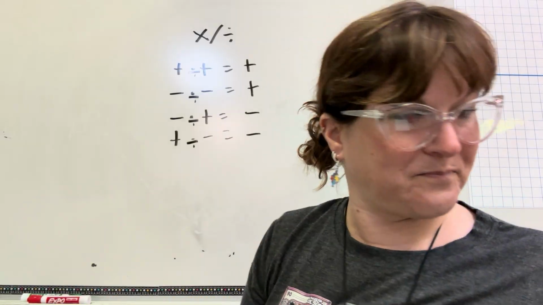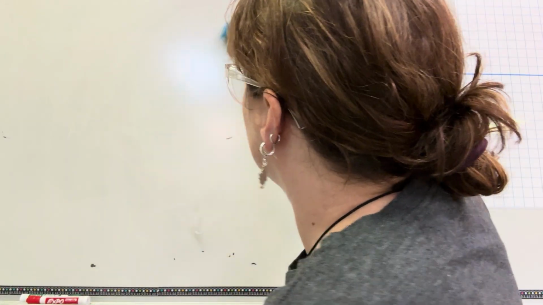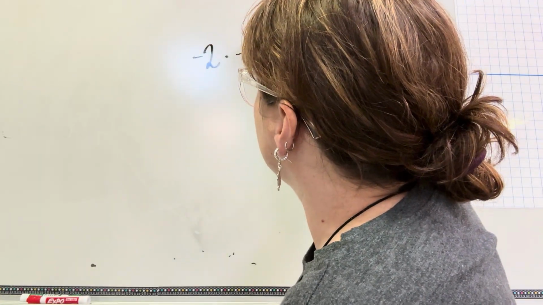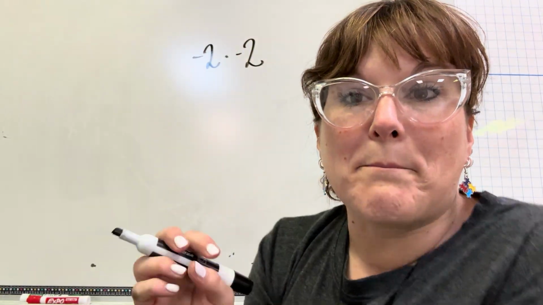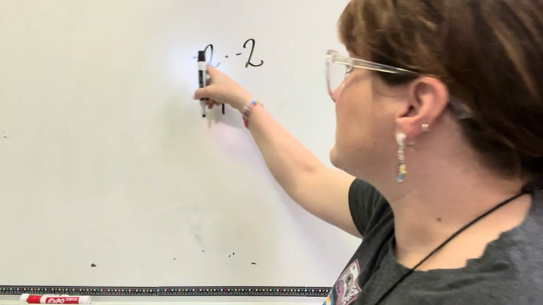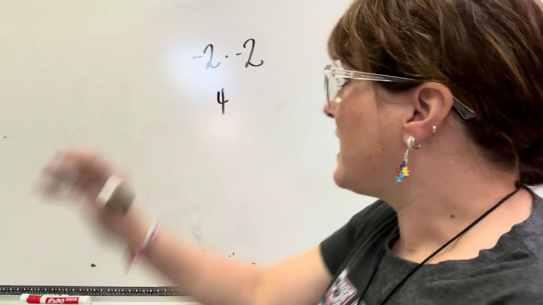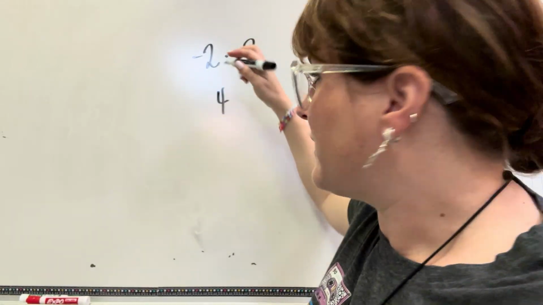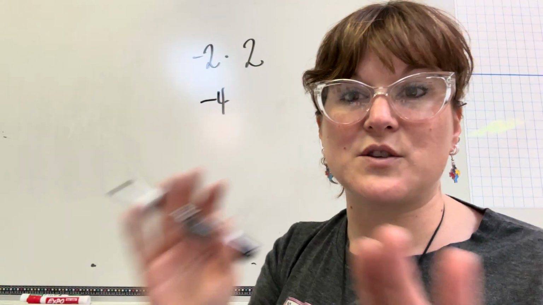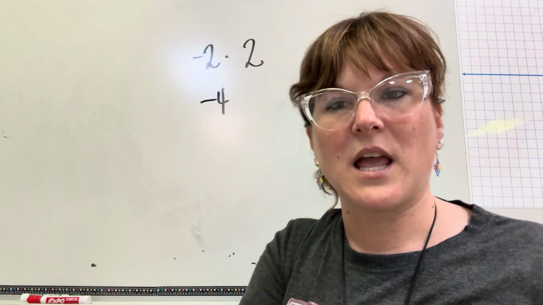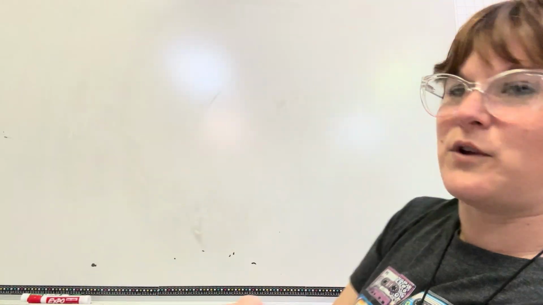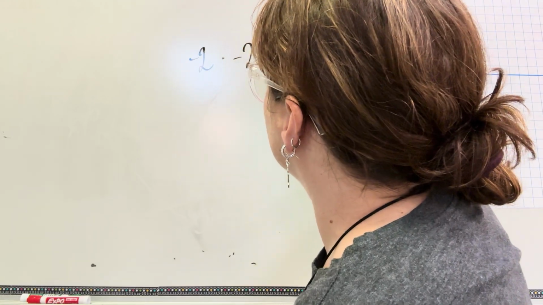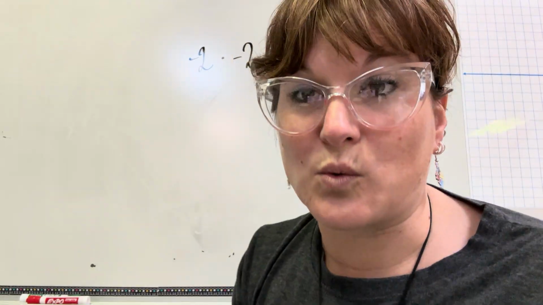For example, let's look at some examples. If I have -2 times -2, that's going to be a +4 because they're both the same sign. If it is -2 times a +2, then that's a -4 because it's two different signs. But what happens if you have -2 times -2 times -2?